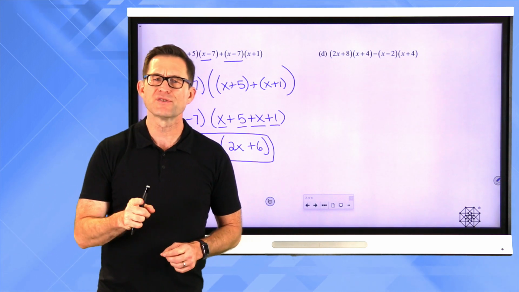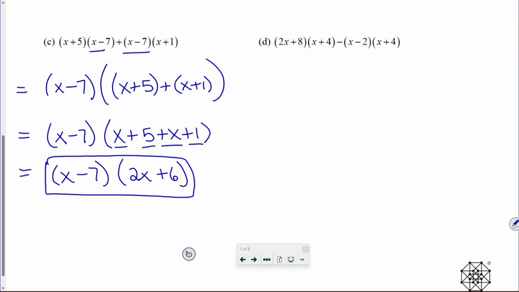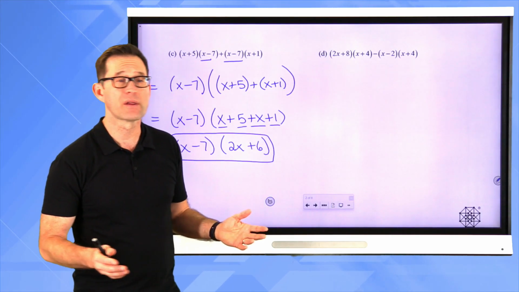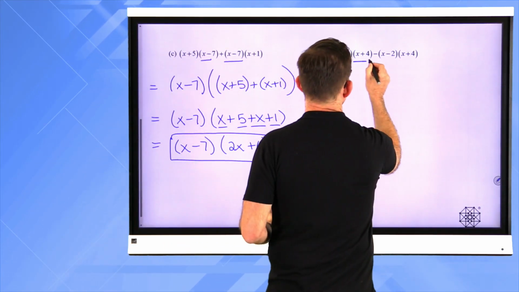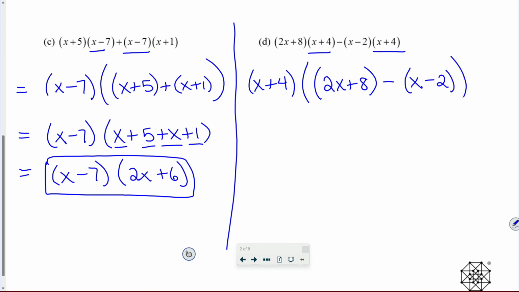All right, let's do letter D together. I've got 2x plus 8 times x plus 4 minus x minus 2 times x plus 4. Fantastic. One thing that's very clear to me is that common binomial factor of x plus 4. So I can start by factoring that out, and I'm going to do this double parentheses business. I've got 2x plus 8 minus now x minus 2.